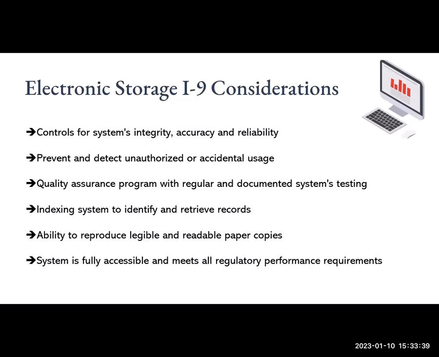Prevent and detect unauthorized or accidental usage. So you have to be able to track who uses it, and if someone who is not authorized enters the data. A quality assurance program with regular and documented system testing.